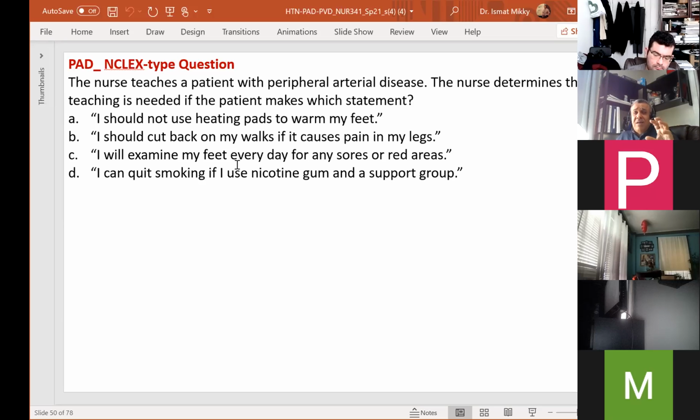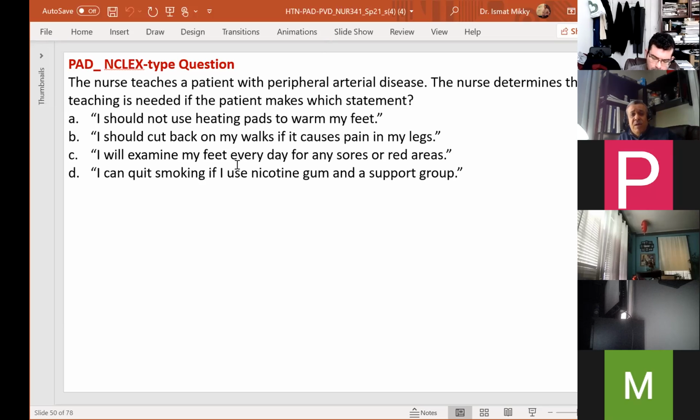Any sign of the 6 Ps is a sign of decreased perfusion: pain, pallor, pulselessness, paresthesia, paralysis, and poikilothermia, which is the coolness or cold sensation when you touch the skin, because of decreased perfusion.